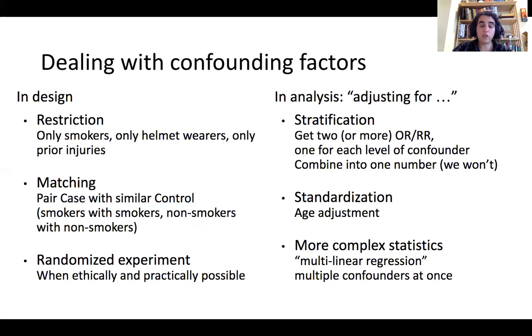And that story I told you on the very first day about the women's hormone replacement therapy study, that was exactly a case where they had cohort studies which were saying that hormone replacement therapy might be protective against heart disease.